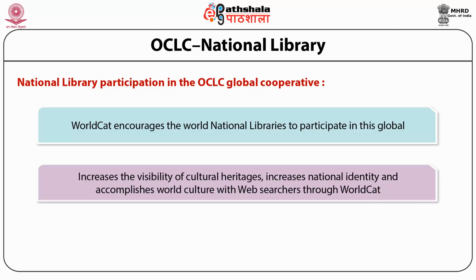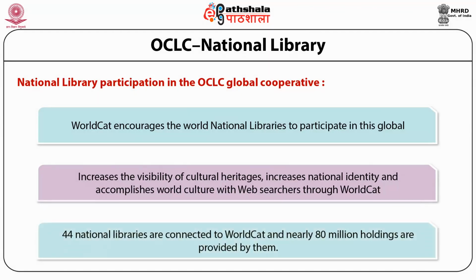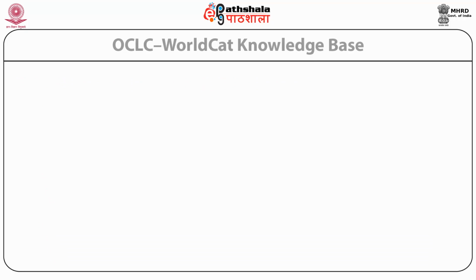As of now, more than 44 national libraries around the world have been connected to WorldCat, and nearly 80 million holdings of these 44 national libraries are available for sharing and for access to the worldwide academic and research community.